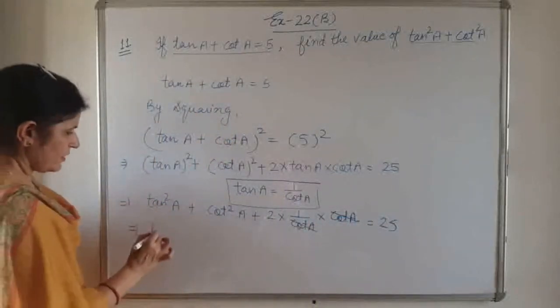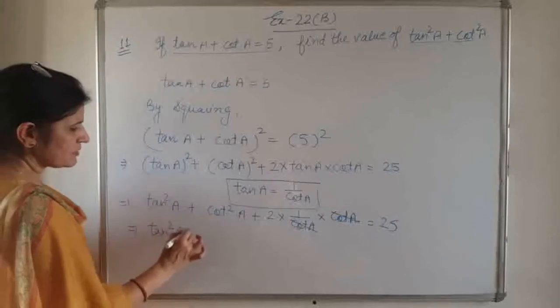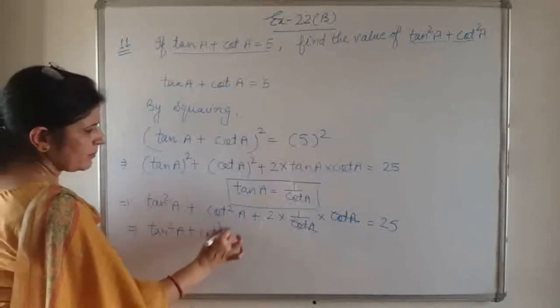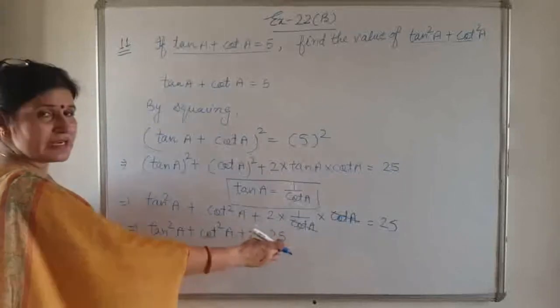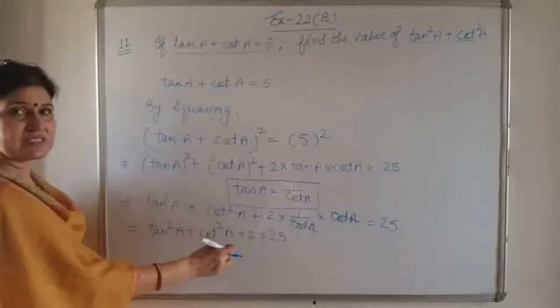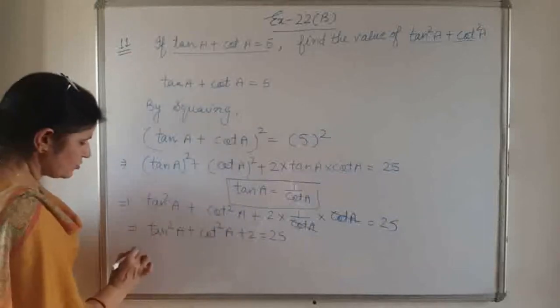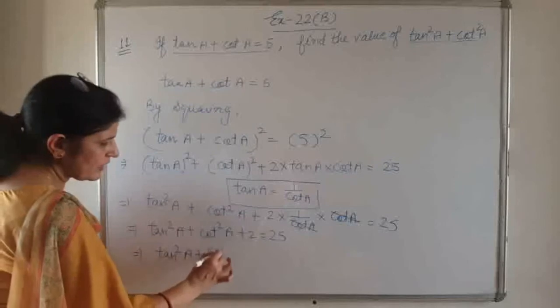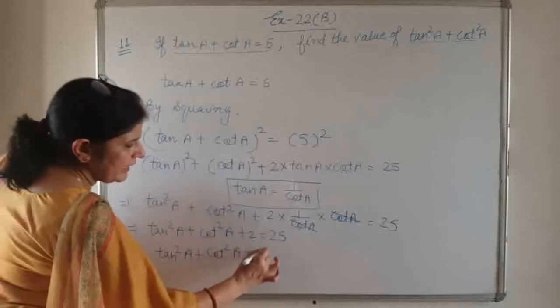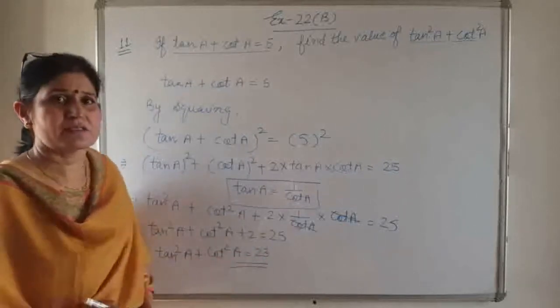So, tan square A plus cot square A plus 2 equals 25. This 2 will go to that side with a minus. 25 minus 2 is 23. So, the value of tan square A plus cot square A equals 23, and this is your answer.